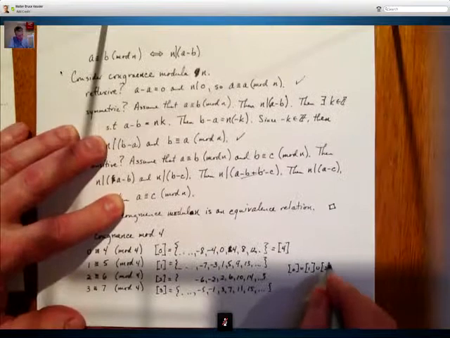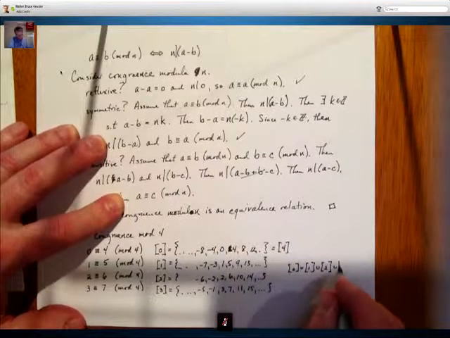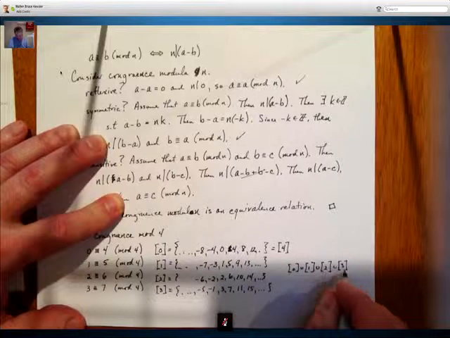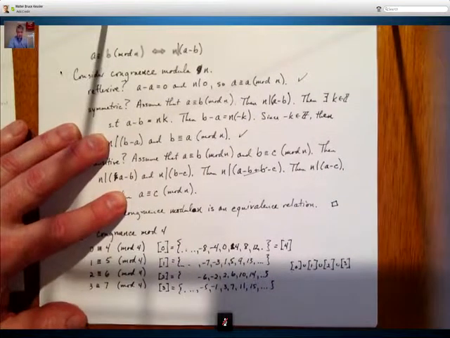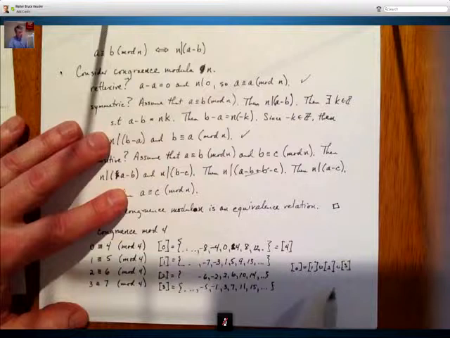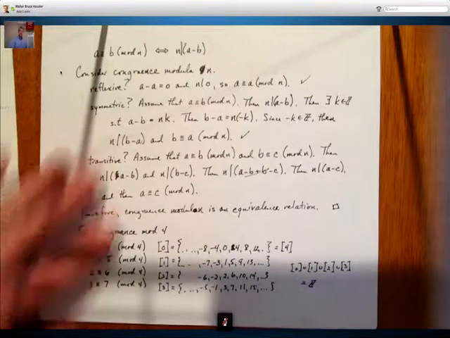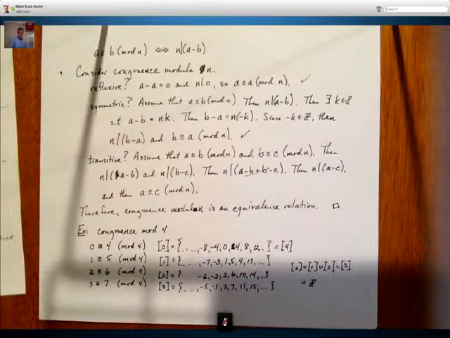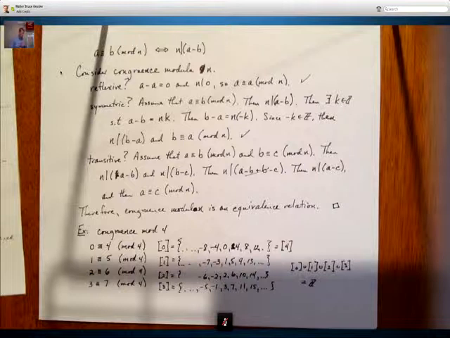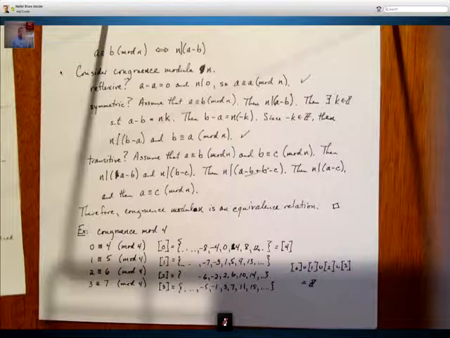1, union, 2, union. These are called equivalence classes, okay? And you take the union of these equivalence classes, it gives you the entire set. Okay? So it's actually kind of cool what equivalence relations give us: one way of partitioning a set.